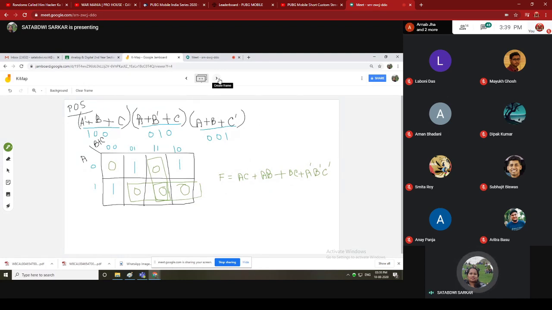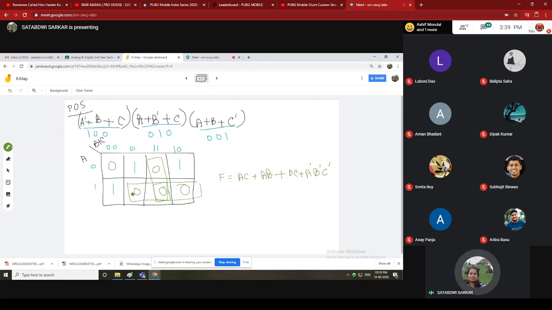And this is a POS expression. So for POS expression, we have to put 0 and make a group of zeros also. But in most of the cases, the groups are required from these ones, SOP terms. So if in the question it is mentioned to find the minimum POS expression, then you have to make a group of POS forms, and that is from 0.